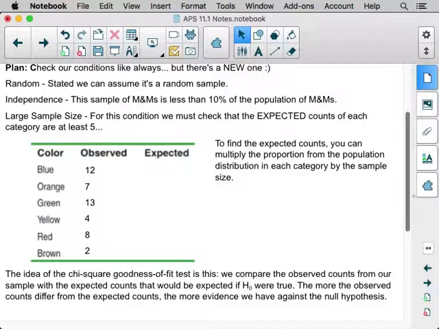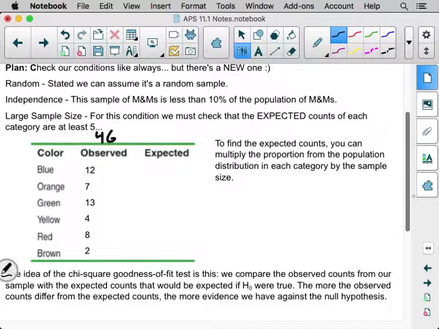So looking at the blue, first off, how many M&Ms were in his sample? Can somebody do that for me really quickly? Does somebody have a calculator handy? What are all of those added up? How many were in his sample? 46? Excellent. All right, so 46 in his sample.